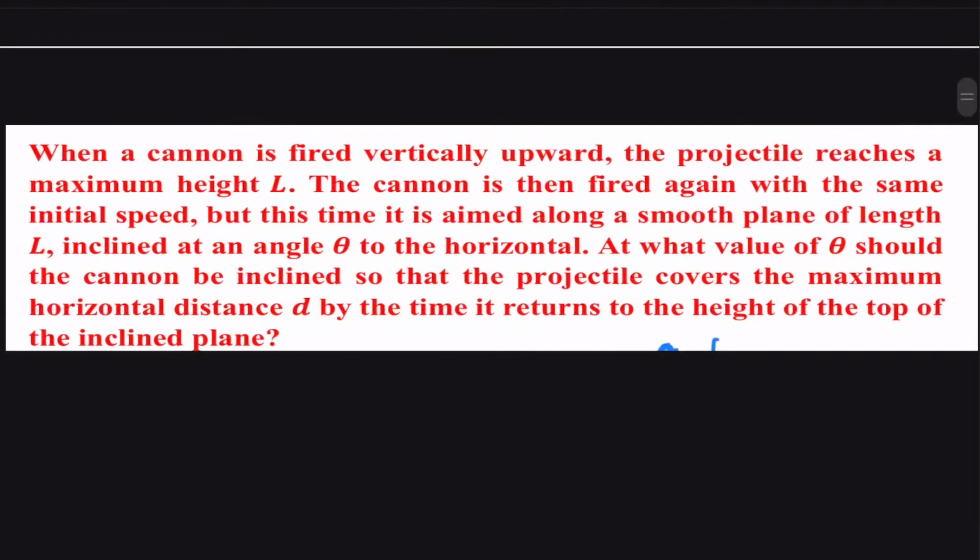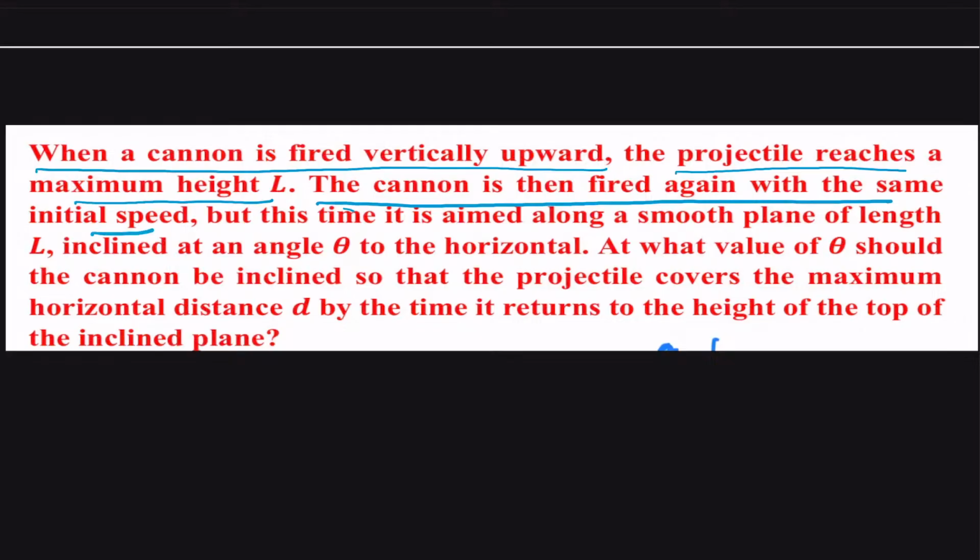So that was the first question, and we come to the second question. The second question states that when a cannon is fired vertically upward, the projectile reaches a maximum height L. The cannon is then fired again with the same initial speed, but this time it is aimed along a smooth plane of length L, inclined at an angle of theta to the horizontal.